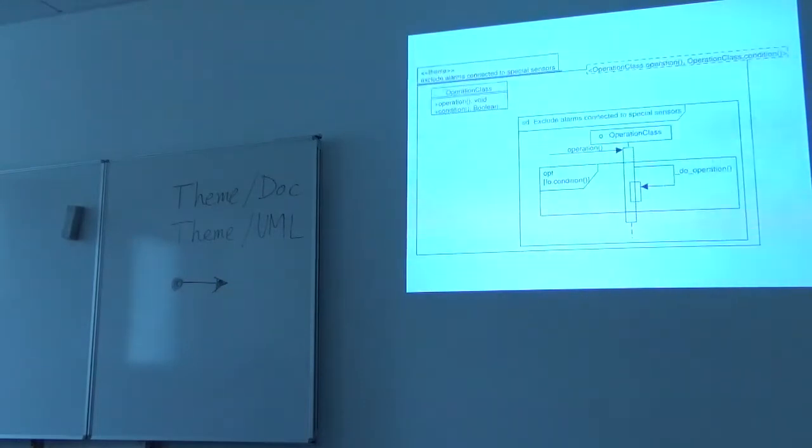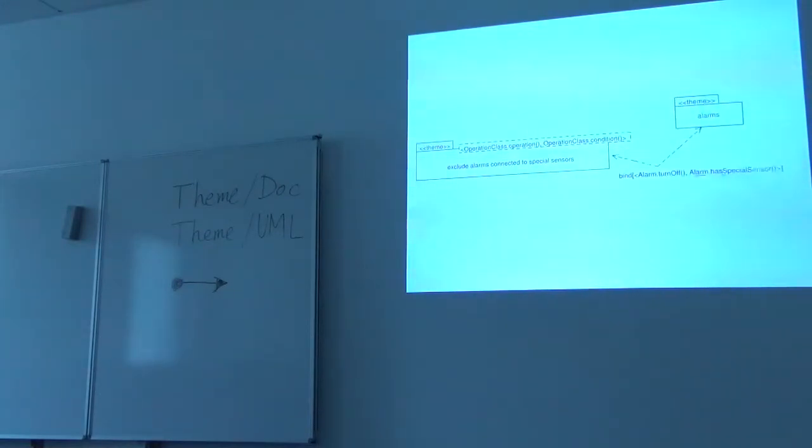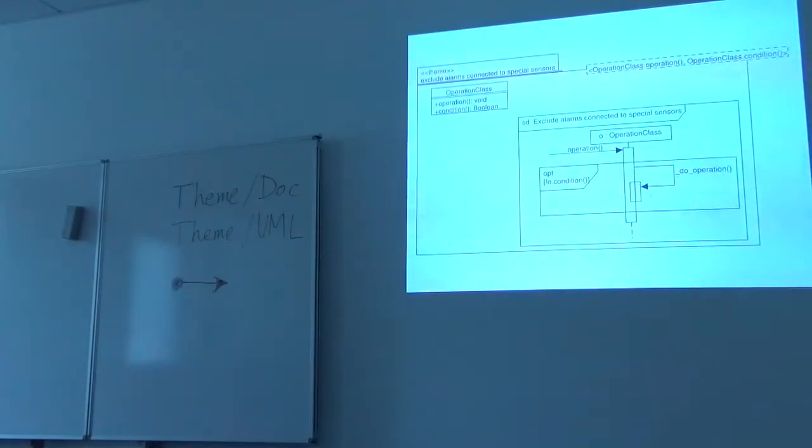So here the initial thing we capture is this turn off method in the alarm class, and we actually check whether it has sensors by this operation, and then decide whether to execute the turn off or not.